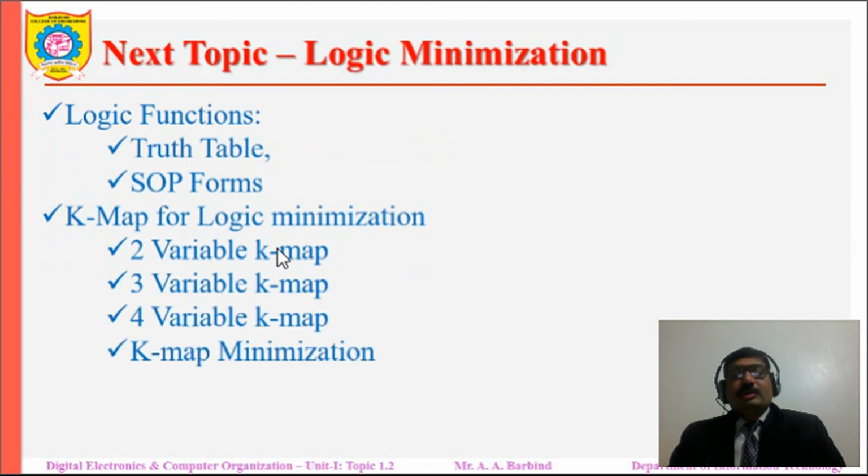In the next topic we shall go for logic minimization using the K-map technique. We shall see the logic functions also, how they can be represented in the truth table form or the SOP, that is sum of product forms, and the other forms.